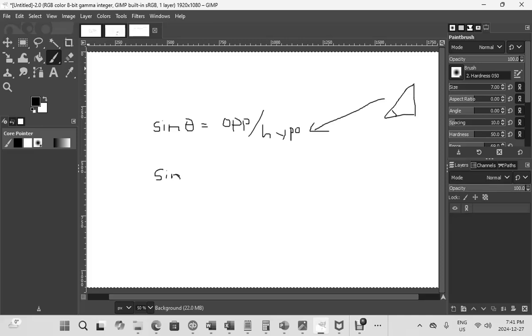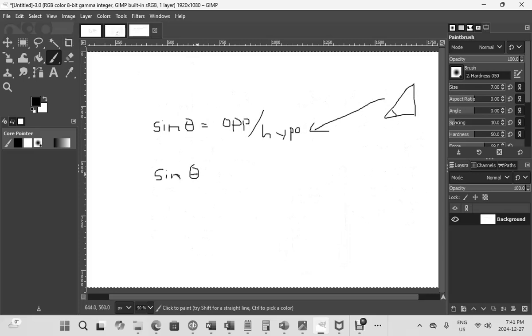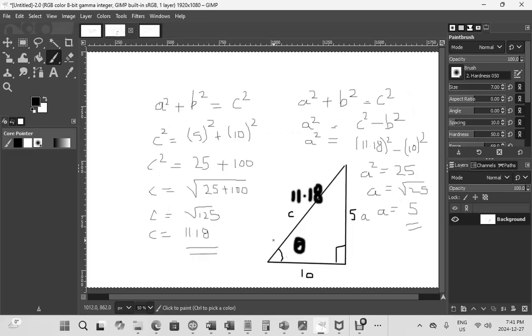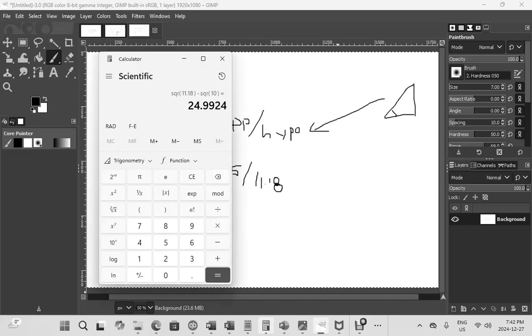Your opposite is 5 and your hypotenuse is 11.18, so sine theta is 5 divided by 11.18, which is 0.447.